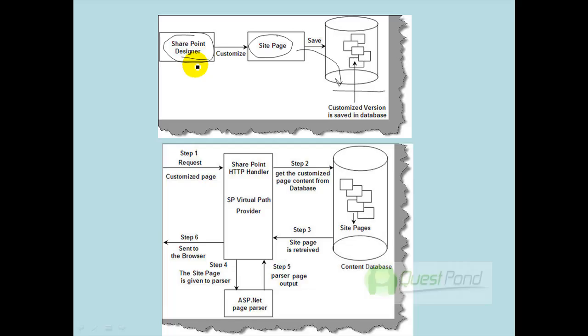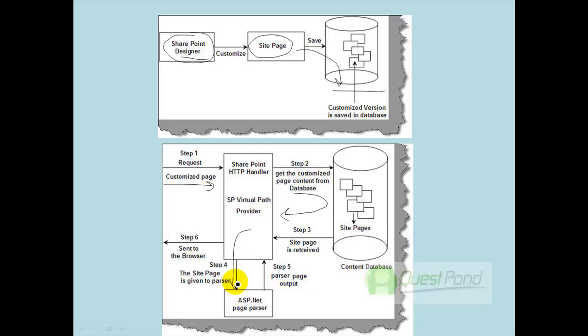Now what happens at the IIS level when a customized page is requested? The SharePoint handler first says, okay, it's a customized page, so it gets the content source code from the content database, and it gives it to the SharePoint ASP.NET parser. I will emphasize, it gives it to the SharePoint ASP.NET parser and not to the .NET Framework ASP.NET parser.